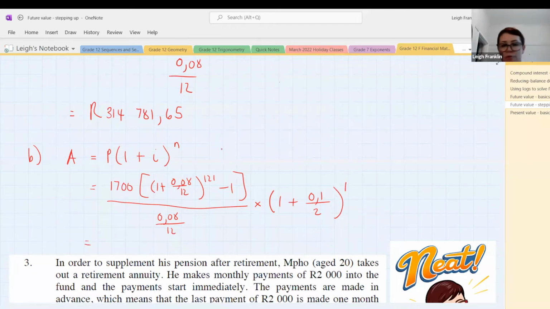All right. So that's really, really, really important, that you understand that N in compound interest means something different to the N in future value or present value.